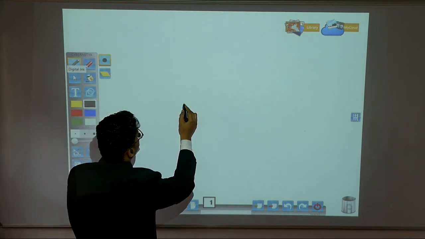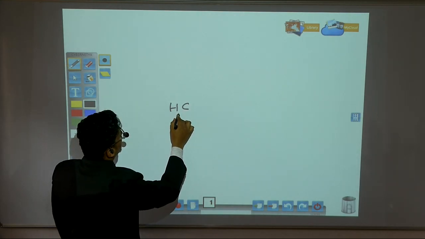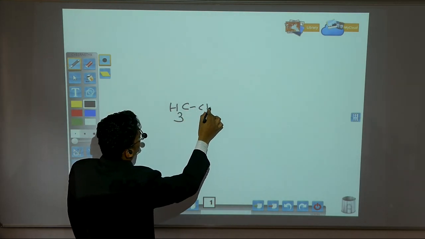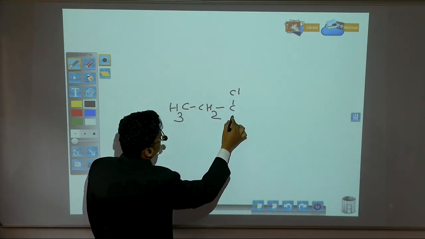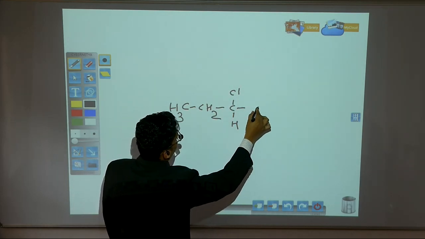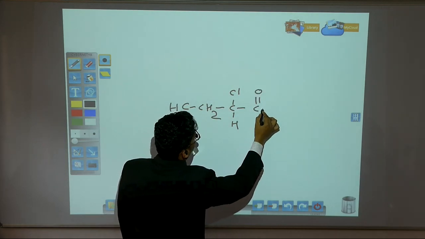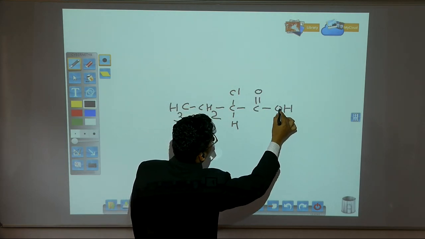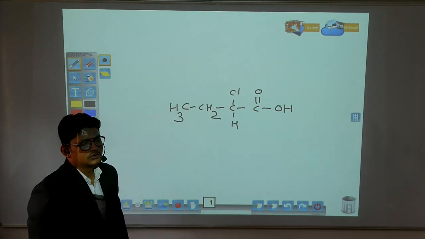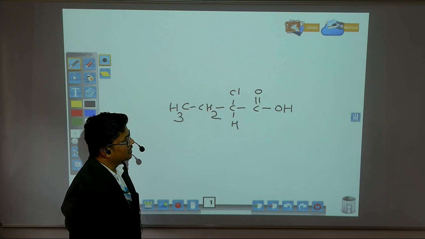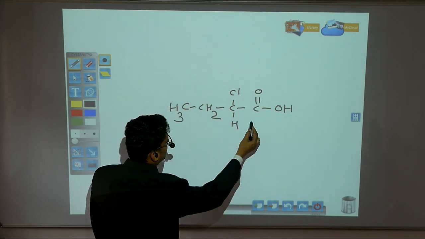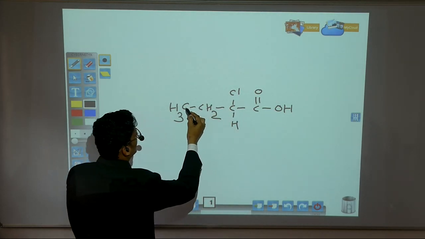Here suppose we have this kind of carboxylic acid. Now we have to give numbers. If we count the number of carbon atoms, there are 4 carbon atoms: 1, 2, 3 and 4.